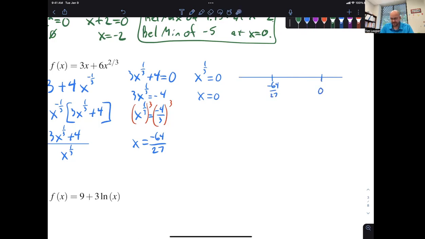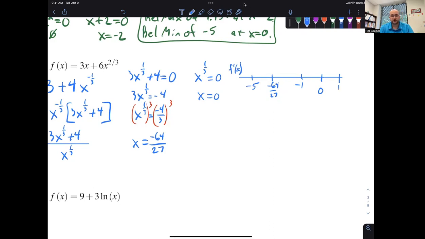And we need test points. Now, negative 64 over 27 is less than negative 3. So let's just say negative 5 is my test point there. Between these two, let's just say negative 1. And to the right of 0, let's say 1. And again, we're plugging these into the derivative.